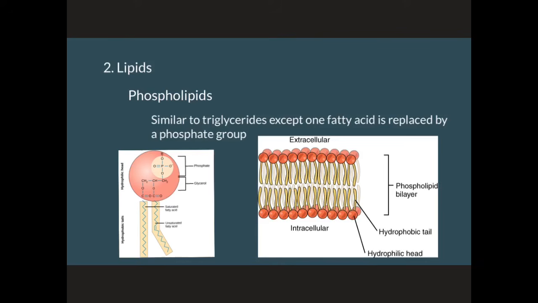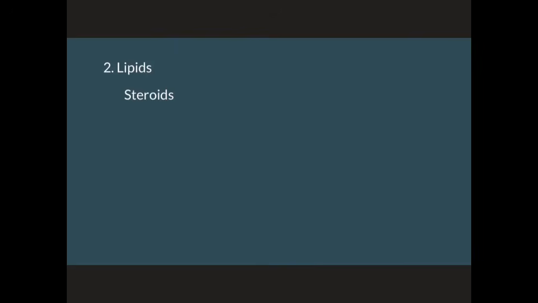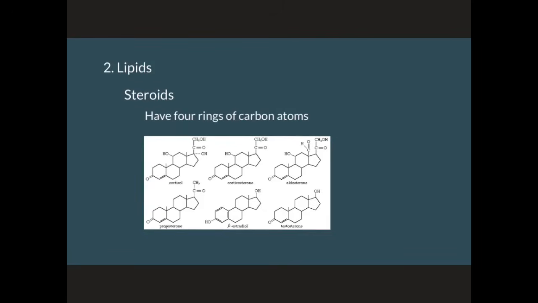The next category of lipids that we'll talk about are steroids. The structure of steroids is very different from the triglycerides that we've been talking about. Steroids have 4 rings of carbon atoms. The cells of the body synthesize other steroids from cholesterol.